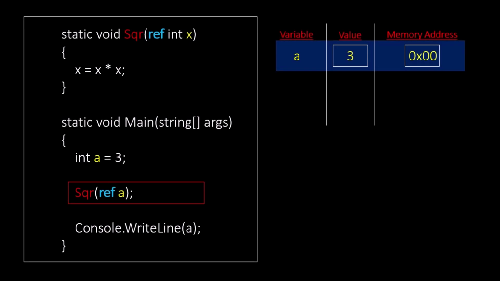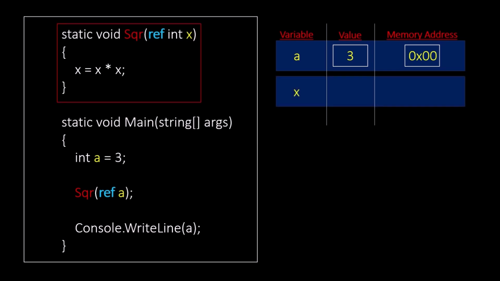Next, we call the method sqr, and here's the important part: this method uses reference passing. That means instead of sending just the value of a, the program actually sends the memory address of a, which is 0x00.